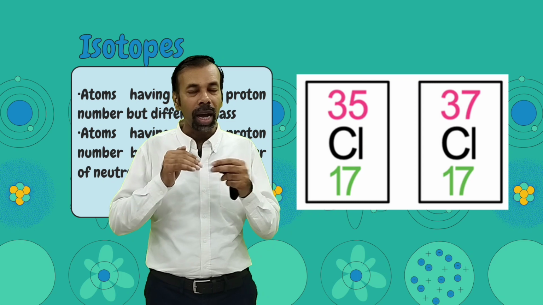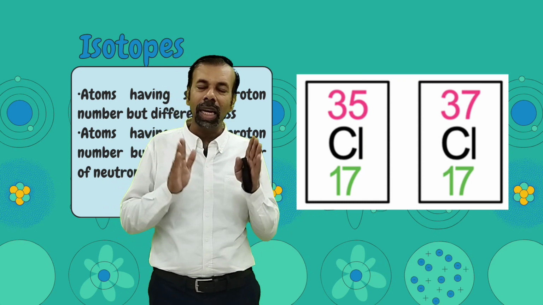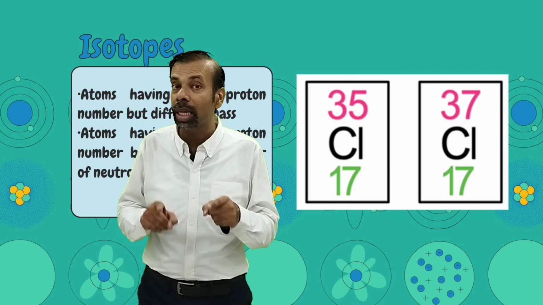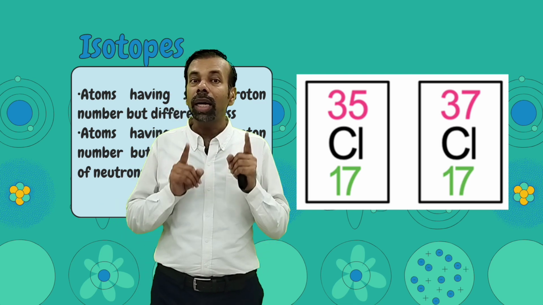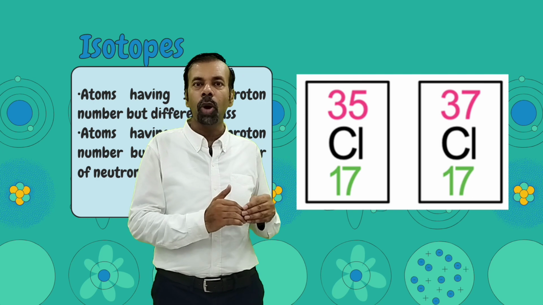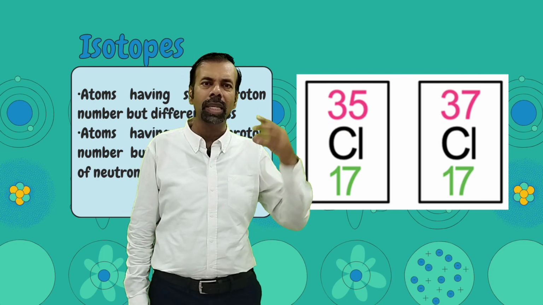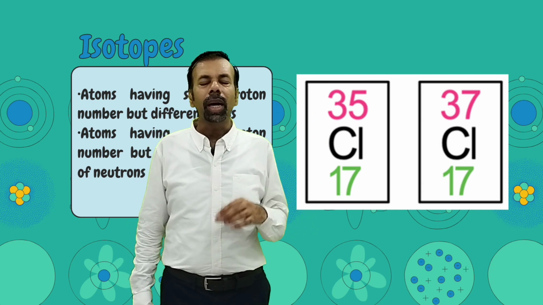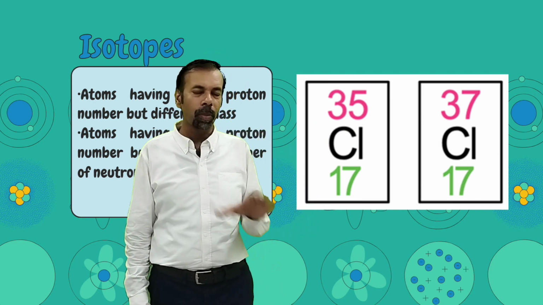Isotopes of an element have the same chemical properties because they have the same number of electrons in their outermost shell. They only have different physical properties, like one has more mass, one has less mass, one is less dense, one is more dense. But they have the same chemical properties.